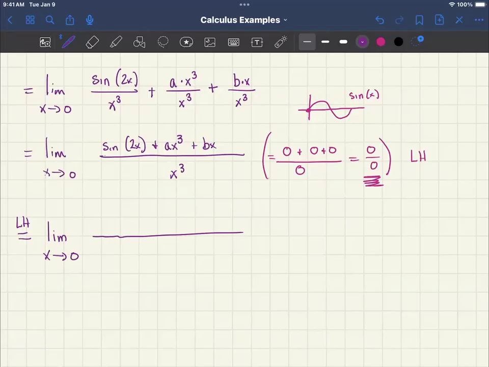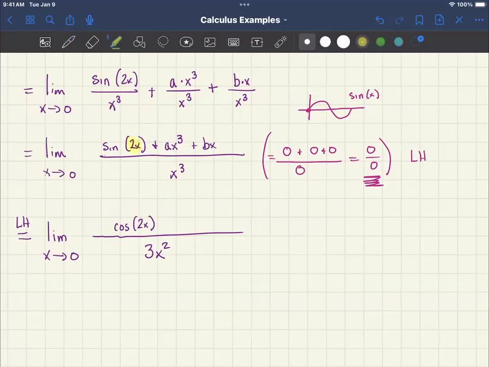Let's start with the derivative of our denominator since that's going to be a little bit easier. X cubed, we bring our exponent down, subtract 1 to get our new exponent, so that's 3x squared. In our numerator, derivative of sine is going to be cosine, but there's a little bit of a hitch here because notice we have 2x on the inside, right?